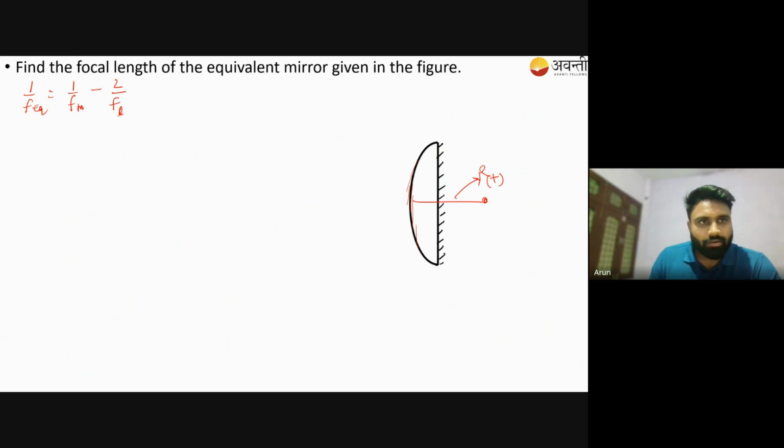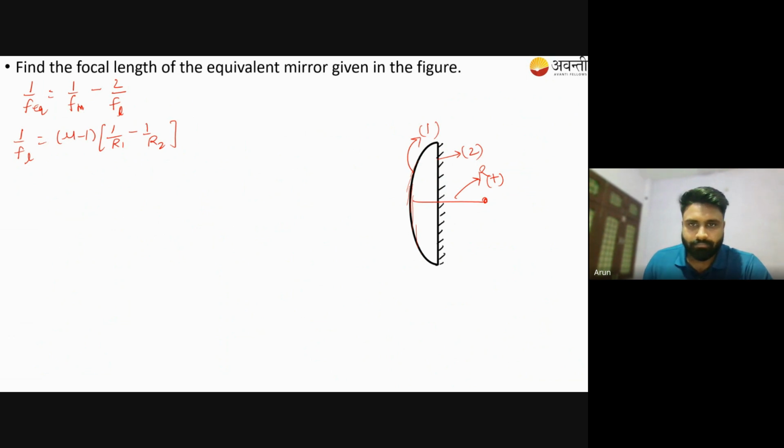So we have to find that 1 upon FL is (mu minus 1) times (1 upon R1 minus 1 upon R2). What is the value of R1? The radius of curvature of this surface. This is the first, this is the second surface. So the radius of curvature of this surface will be R. So it is (mu minus 1) times 1 upon R, and since it is measured in the incident ray direction, it will be positive.